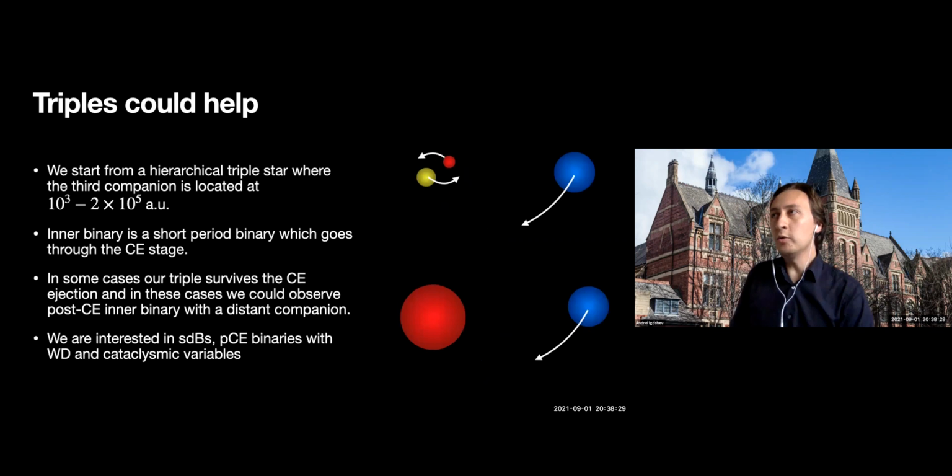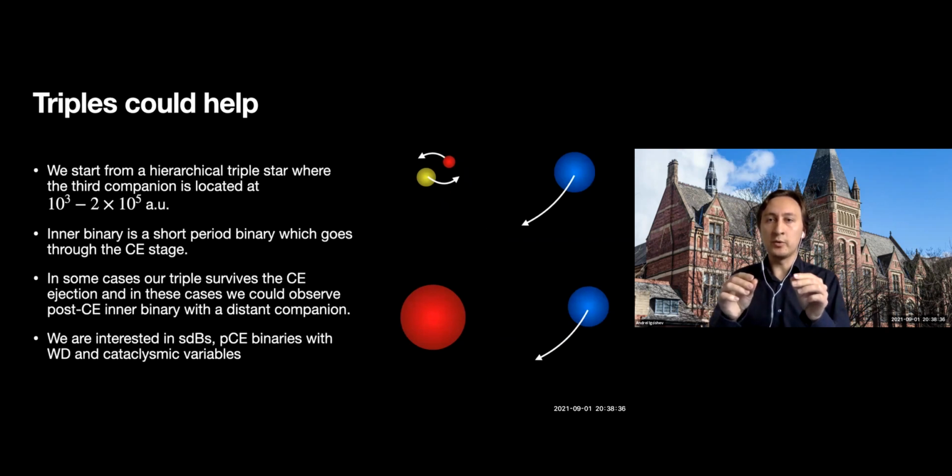Triple stars could help. So if we have a hierarchical triple system where the inner binary will go into a common envelope stage at some point, and the third star is located at separation 10 to the 3 or ranging up to 2 times 10 to the 5 astronomical units.